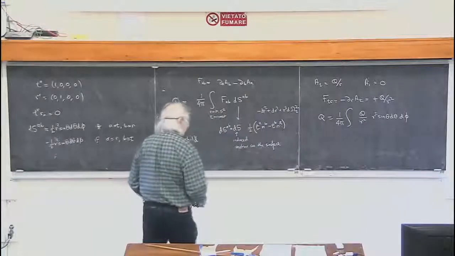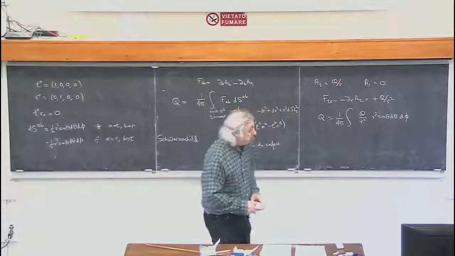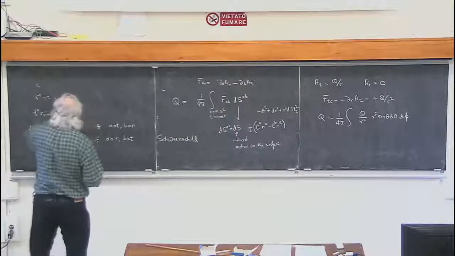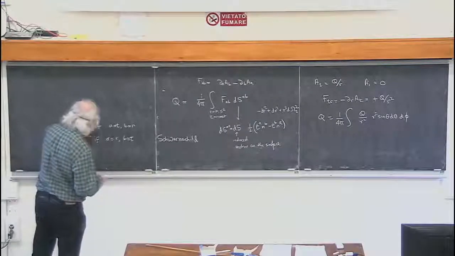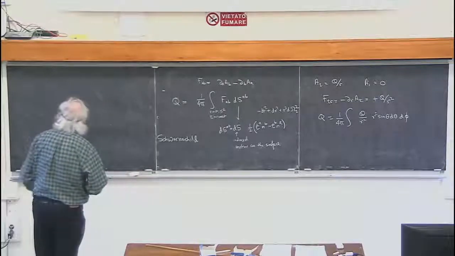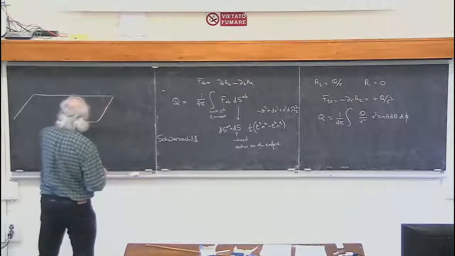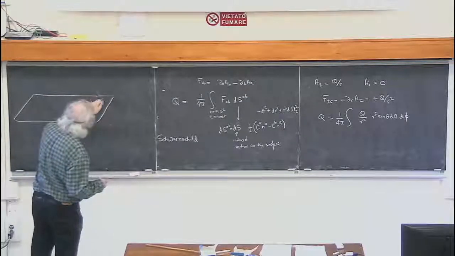Now let's expand this a little bit to deal with a more general situation. Let's take our black hole space-time and do something similar. There's a big surface out at r equals infinity.